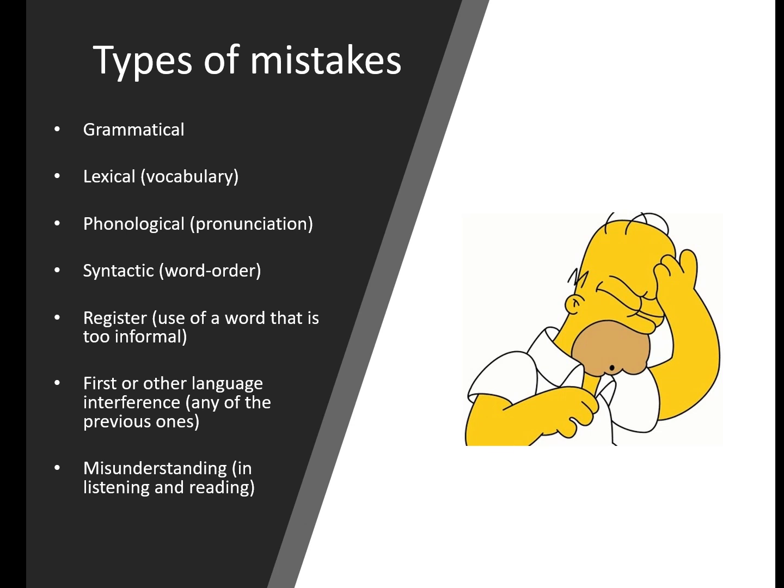They can be lexical, which means they're related to vocabulary. So maybe a student chooses the wrong word, for example. Of course, they can be phonological or related to pronunciation. They might be syntactic mistakes, so related to word order.